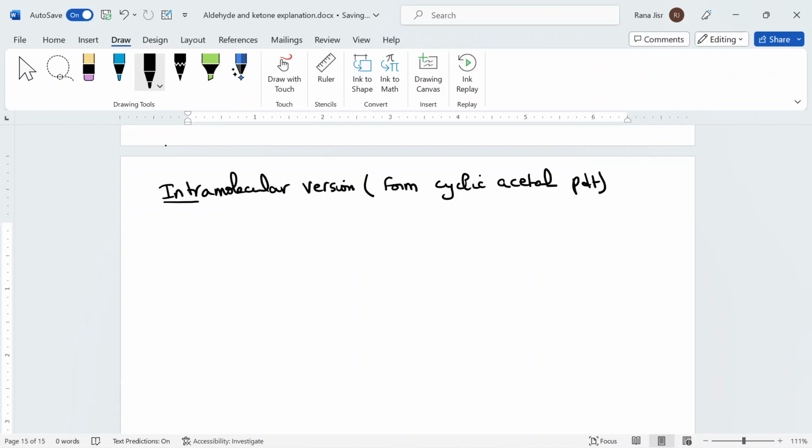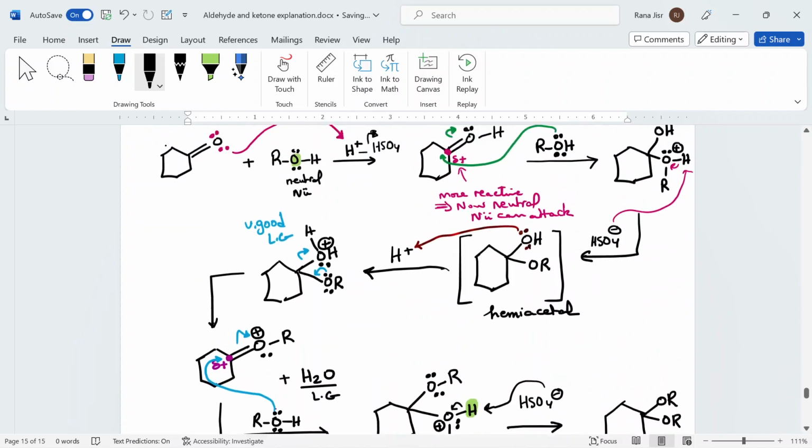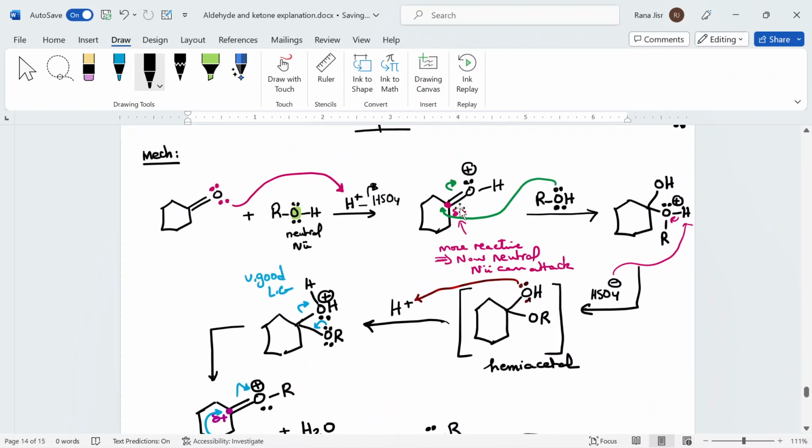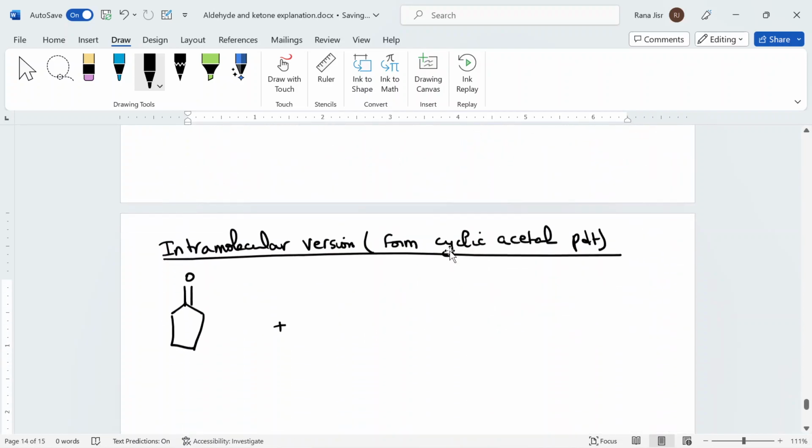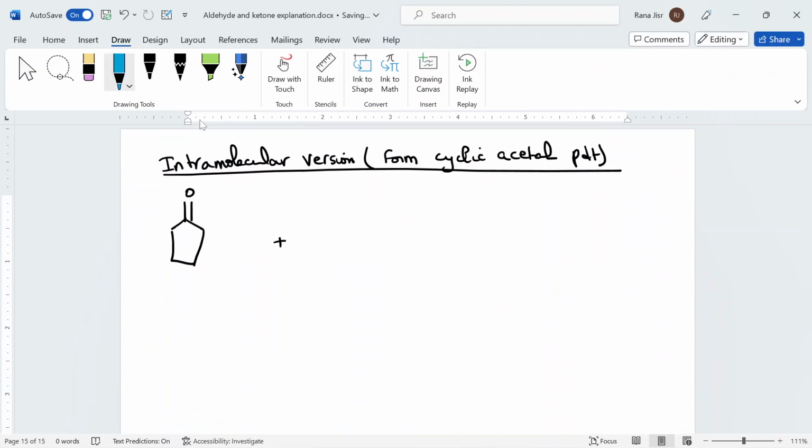So with this type of reaction, you are still starting with a carbonyl in there, okay? And instead of using 2 separate moles of alcohols, I'm going to combine the alcohol into one molecule. So I'm going to end up using ethylene glycol.